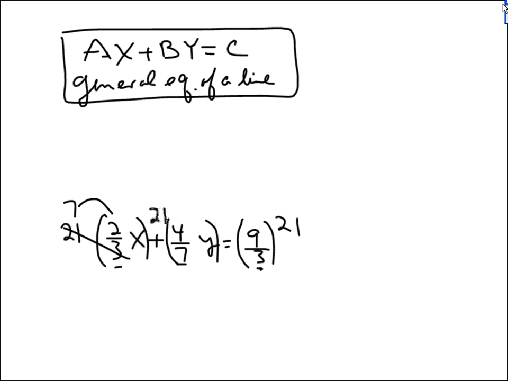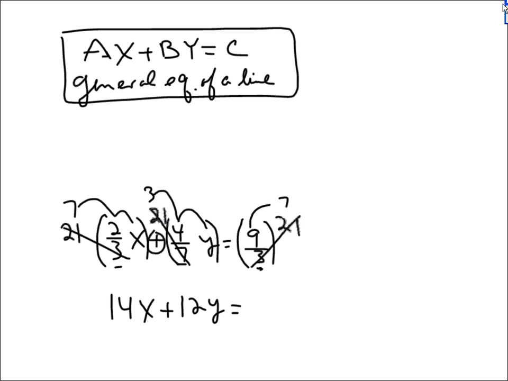And you will get 7 times 2 times x, which is 14x, plus 7 into 21 is 3. 3 times 4 is 12, times y is 12y. And 3 into 21 is 7, and 7 times 6 is 63. So there it is. An integer times x plus or minus an integer times y equals another integer.